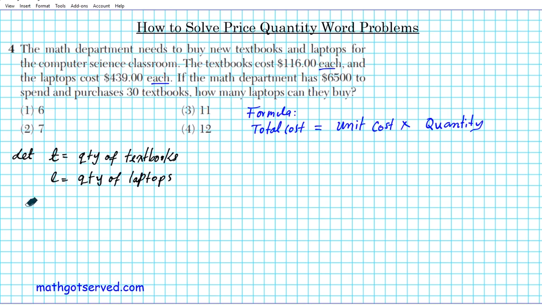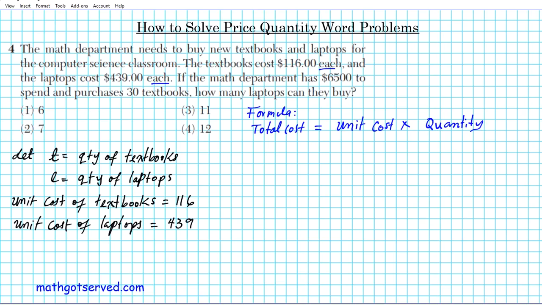So what are the unit costs of each? The unit cost of textbooks is 116, and the unit cost of laptops is 439.